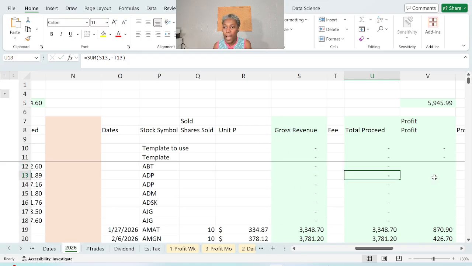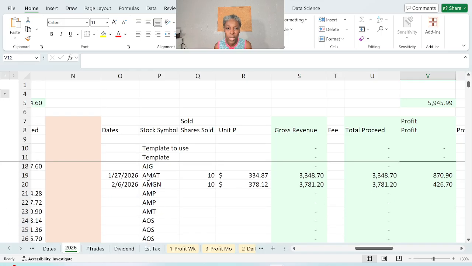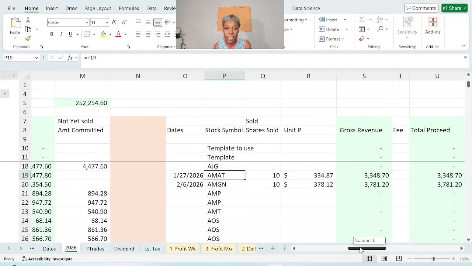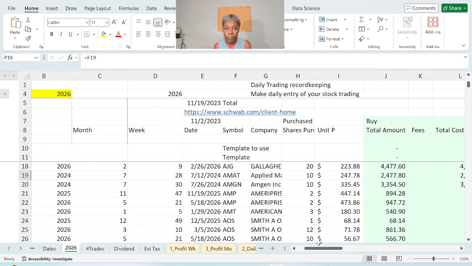And then I have a profit calculation there. So let's use an example of the one below here, AMAT, for instance, purchased in 2024, 10 shares, that is the unit price, and those are manually entered.